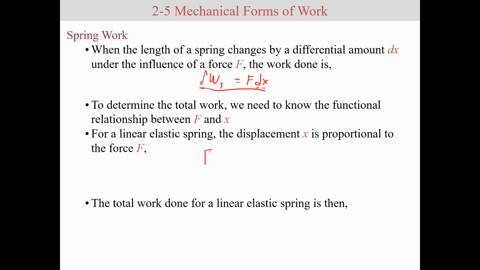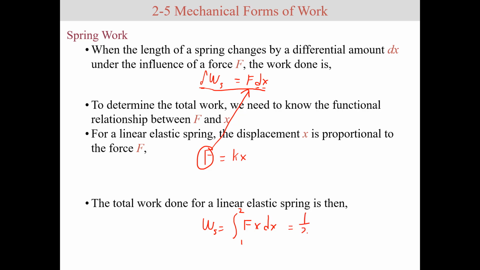So to determine the total work, we need to know the functional relationship between force and distance. Typically, for a linear elastic spring, the displacement is proportional to the force. So the force is going to be some spring constant times x. If I replace the force in this equation and then integrate, I get the integral of F dx between two different points on the spring.